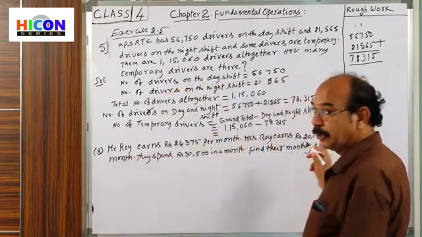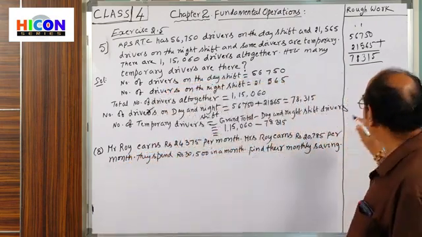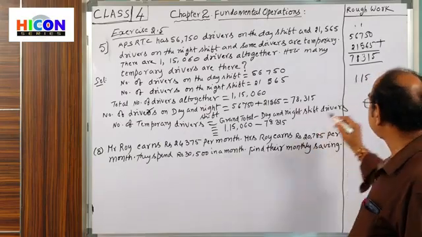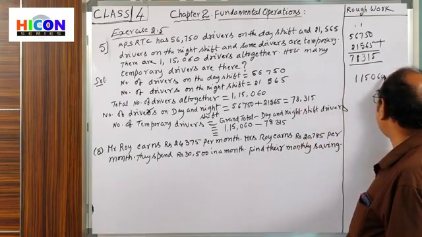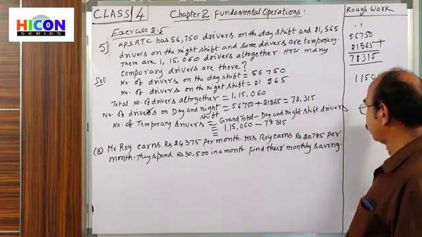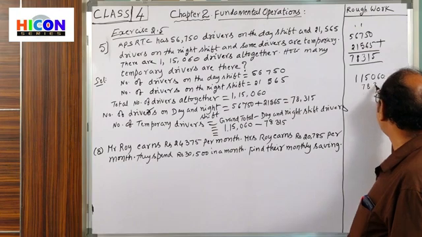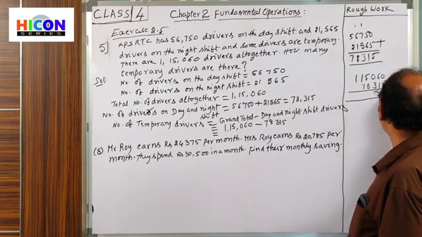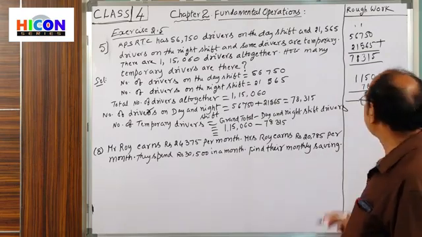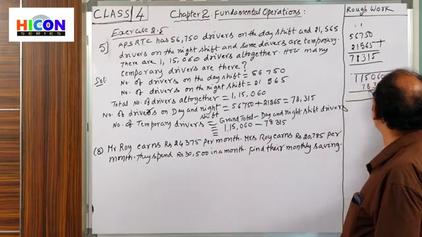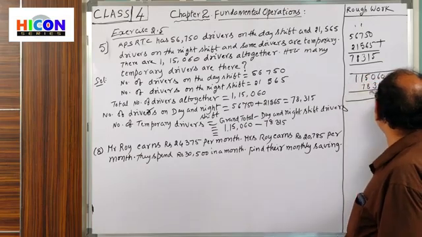So here in the margin you subtract 1,15,060 minus 78,350. Minus means subtraction.